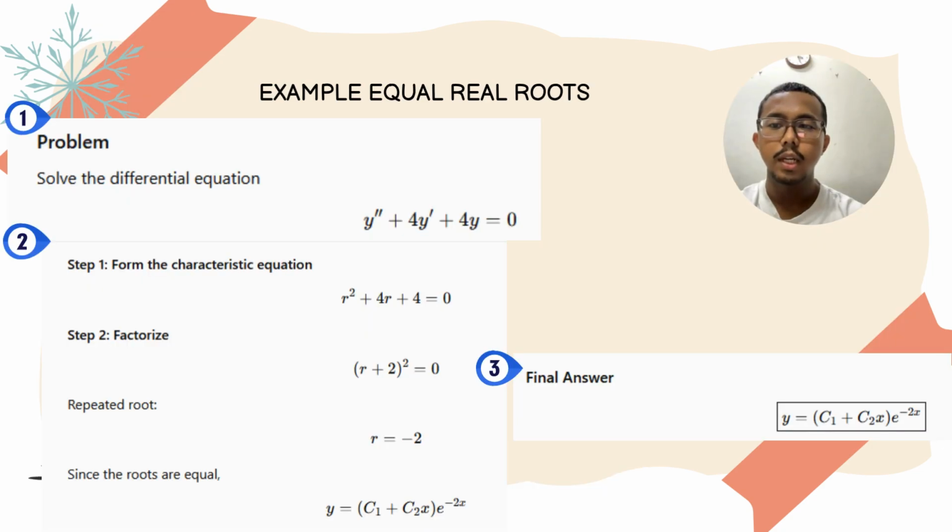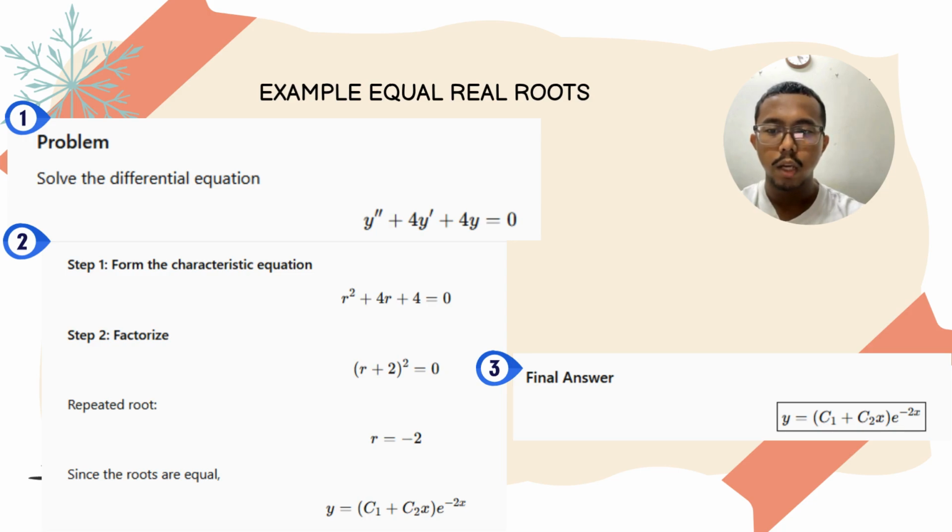Now, let's consider an example with equal real roots. The given differential equation is y double prime plus 4y prime plus 4y equals 0. First, we must form the characteristic equation r squared plus 4r plus 4 equals 0. Next, factorizing gives us the repeated root r equals negative 2.